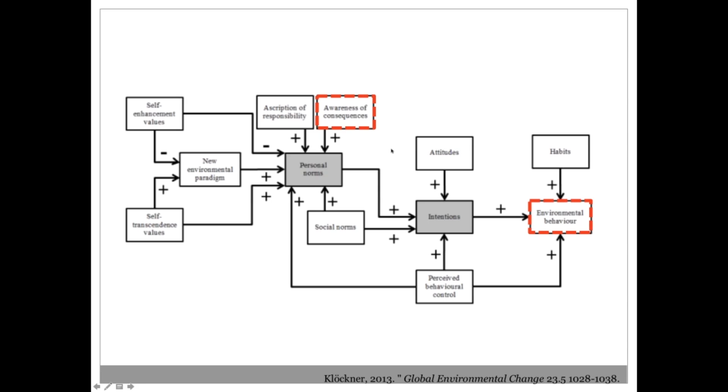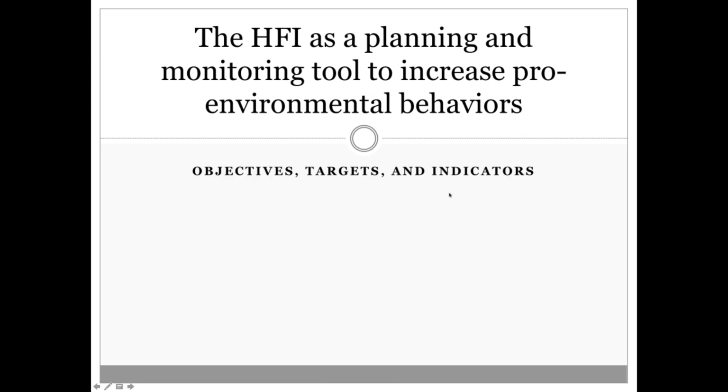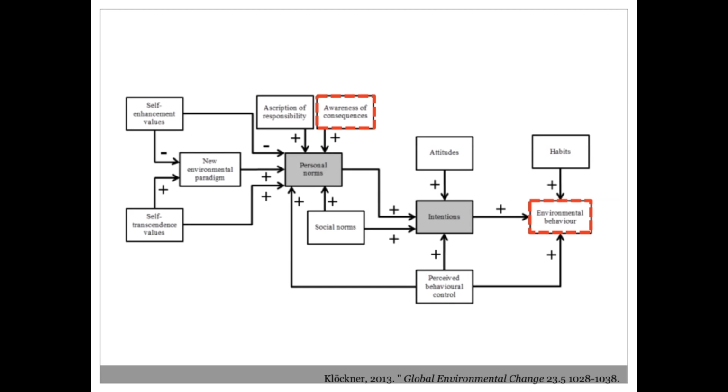If we start thinking about how we move from these statements that ecosystems are threatened, species are being lost, ecosystem services are being disrupted, to adopting these pro-environmental behaviors, we can't just say this is how it should be. We need to identify and work within these intermediate steps. And so one way to do that is to plan and monitor more deliberately. Can we change the intentions?